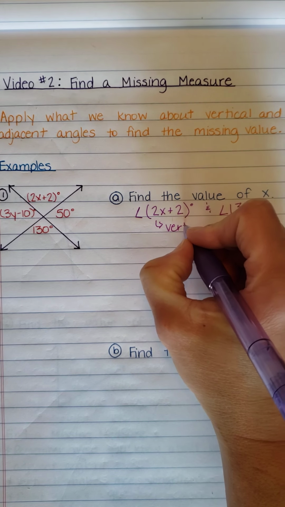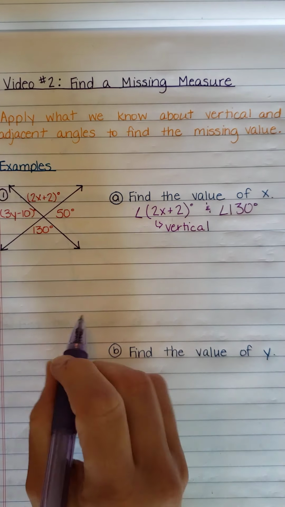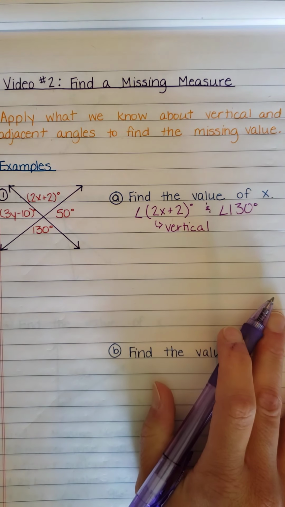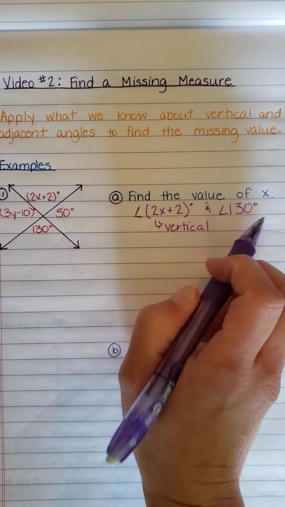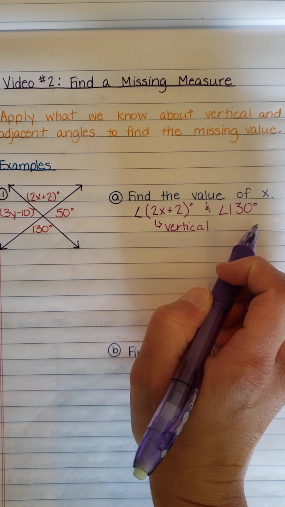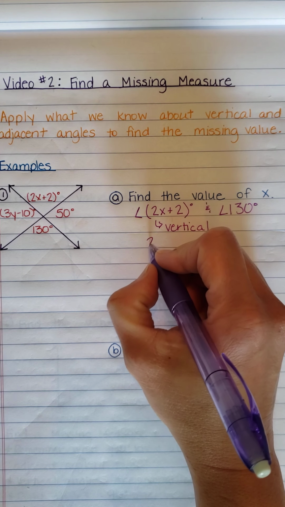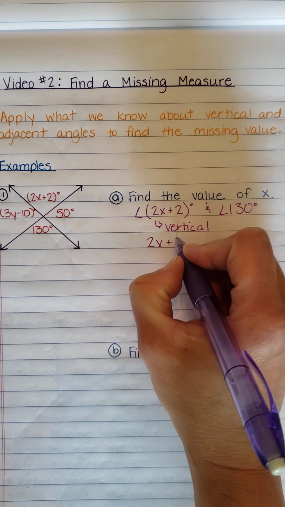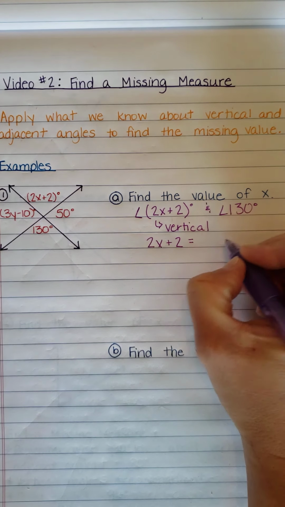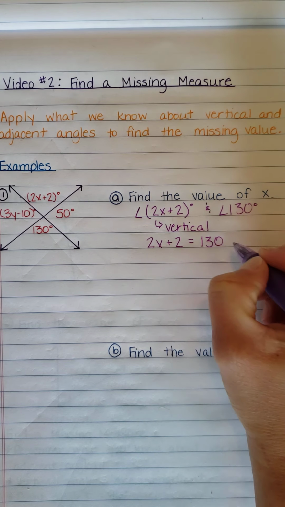Since they are vertical angles, that means that they are congruent. So we know that these two angles are equal, so we're going to write an equation stating that. That means I have that angle 2x plus 2 is equal to angle 130 degrees.